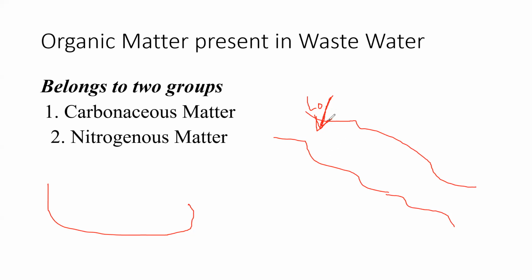With respect to time, at a certain time, if you are finding the amount of organic matter, L0 is used for the amount of organic matter present initially, at the 0th time. At any time, if you are measuring, it can be denoted by the notation LT. And if it is at a specific time, suppose the fifth day, I can say it is L5.